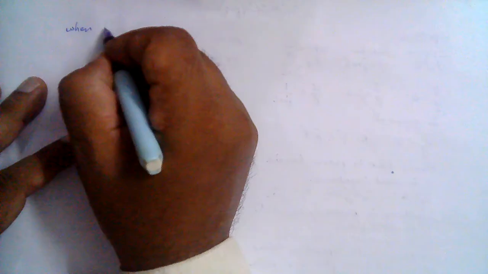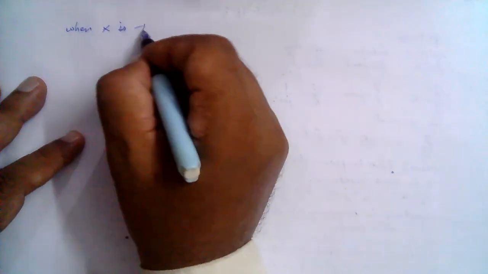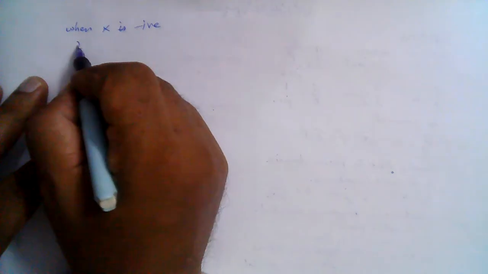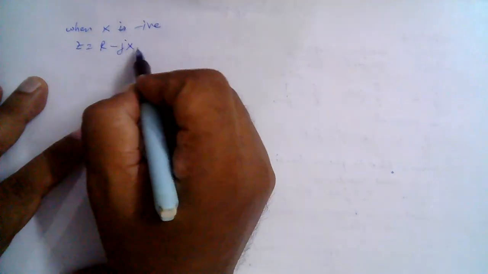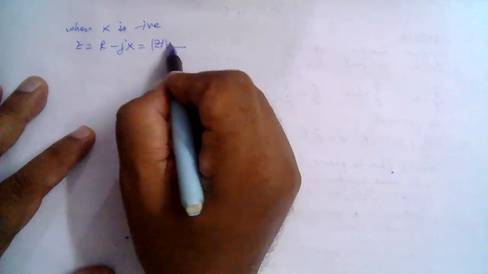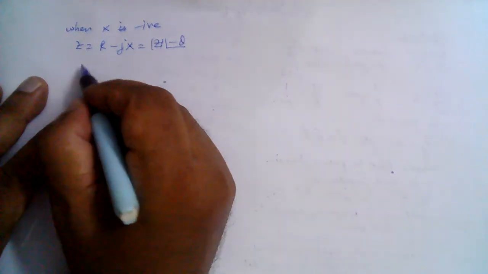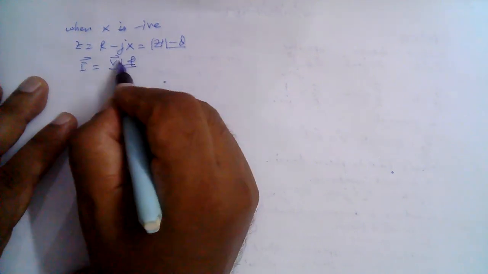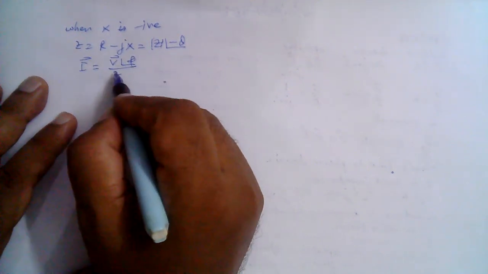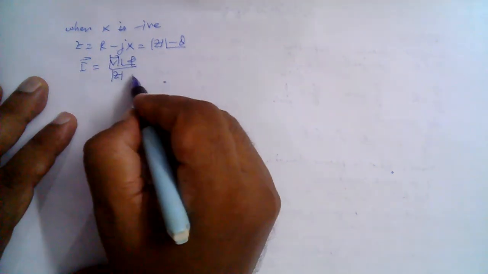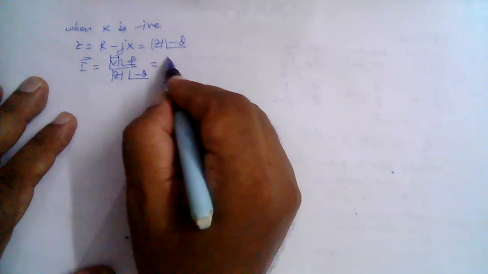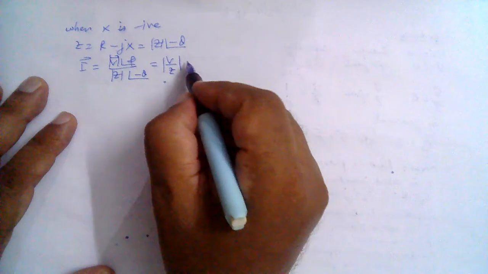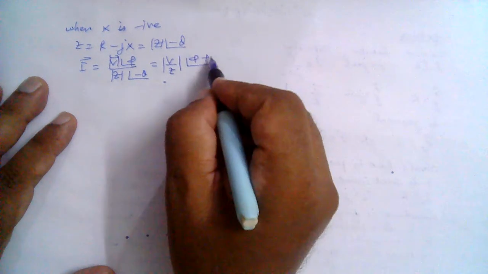And when X is negative, in that case, Z is equal to R minus jX, for example. We have Z angle minus theta here. And if we wanted to calculate current from V angle phi over Z angle minus theta, that will be V over Z. So the angle will be phi plus theta here then.